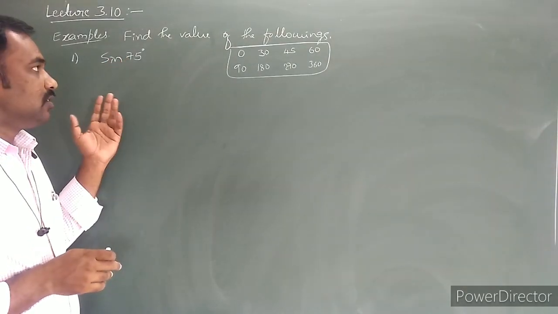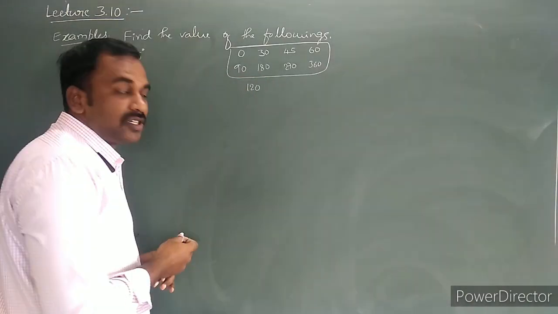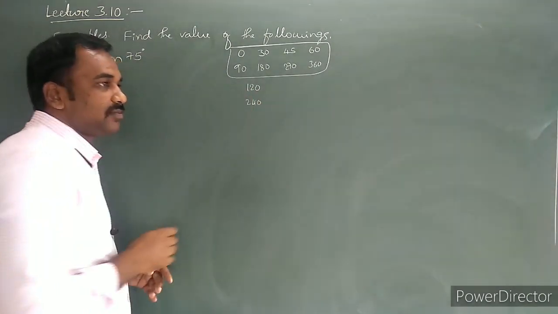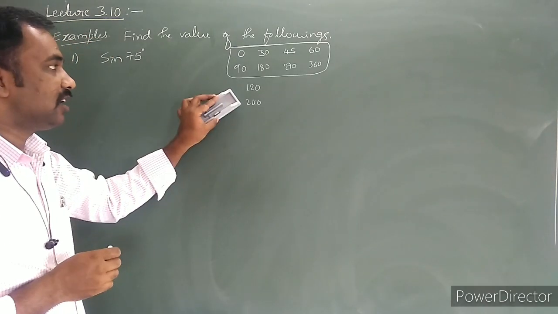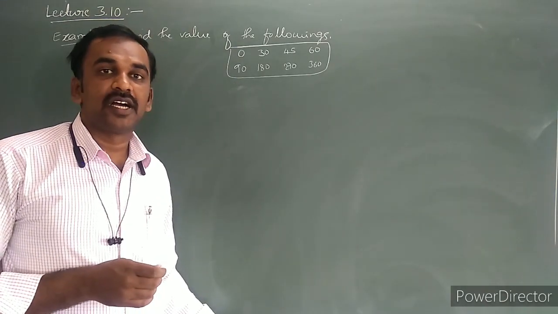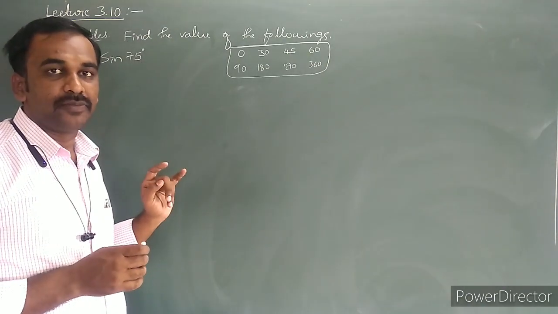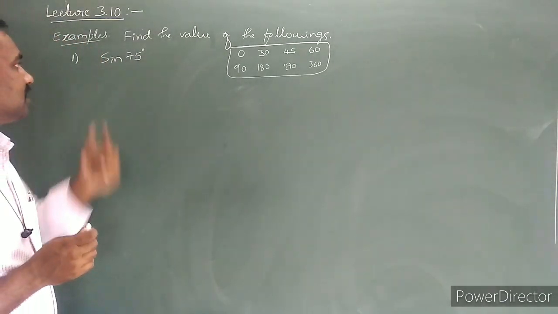Using the allied angles, we can find the value of sine of 120 or sine of 240, like that. Allied angle means 90 plus or minus theta, 270 plus or minus theta, 180 plus or minus theta, 360 plus or minus theta. But with the help of allied angles, we cannot get this value.